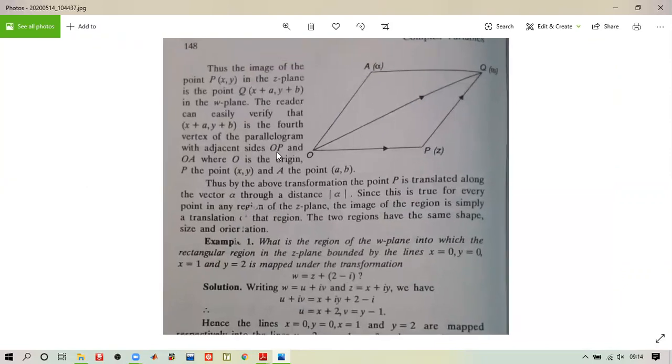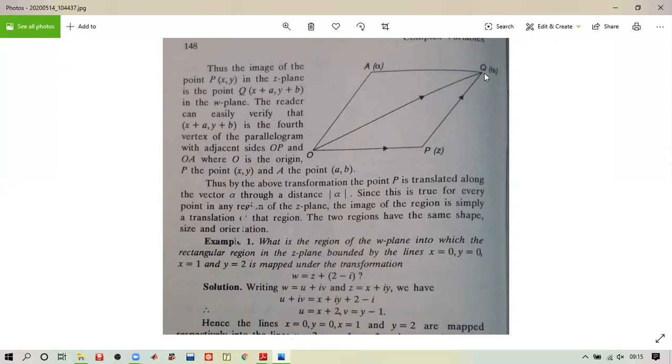Thus, the image of the point P(x, y) in the z plane, as shown in the figure, is the point Q(x plus a, y plus b) in the omega plane.